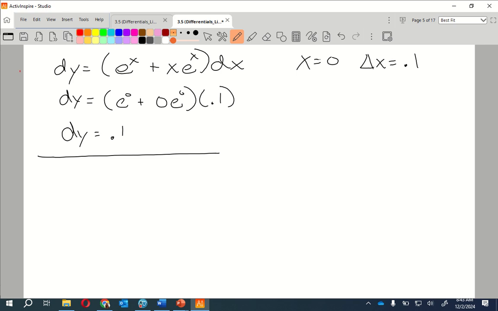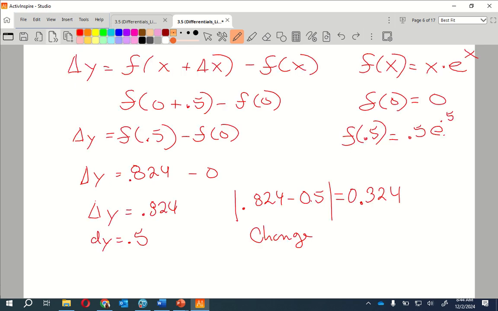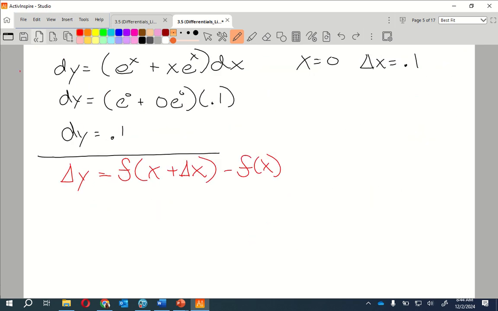My other one, which is going to be my delta y, is equal to f of x plus delta x minus f of x. There you go.